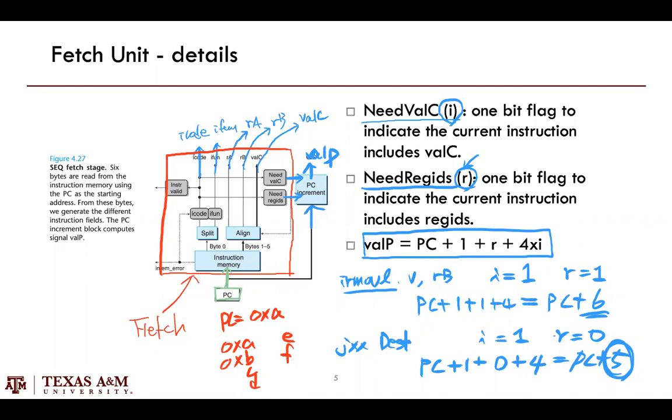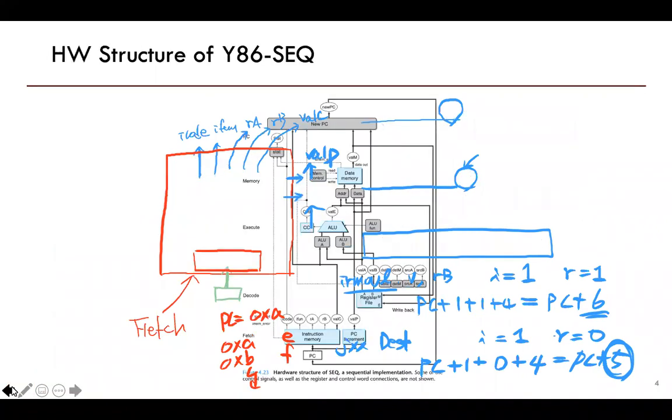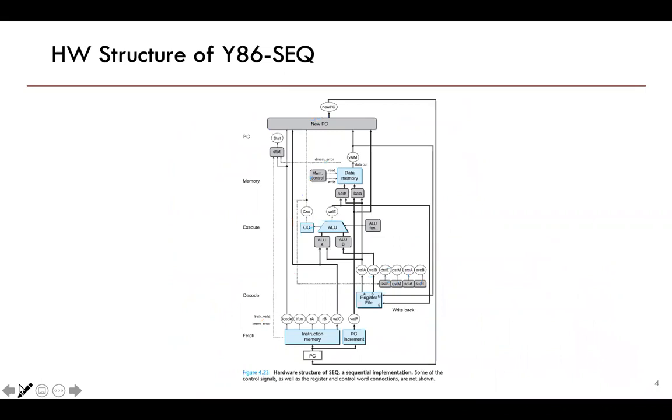Then here, as you can see, there is an instruction memory in the fetch unit. I think I didn't mention this instruction memory, so let me go back to the previous slide, and clear this, and then I will restore this later.